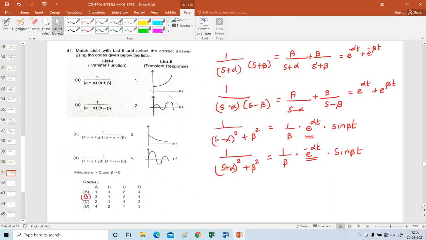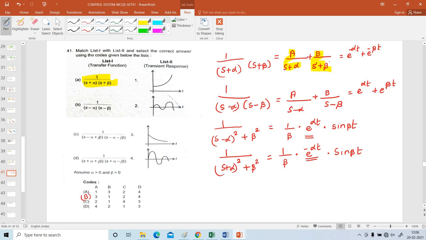Next, match list 1 with list 2 and select the correct answer using the codes given below. So first take 1 divided by s plus alpha into s plus beta. Using partial fractions, we can write it as a by s plus alpha plus b by s plus beta.